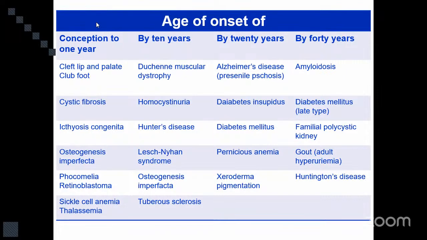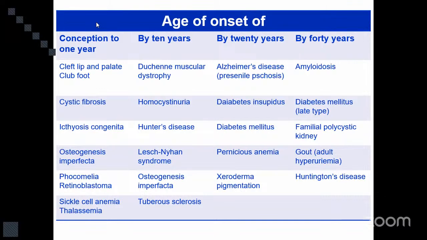So cleft lip, cleft palate, and club foot, you see, will be seen at conception and at birth. From conception to 1 year, you can see it. Cystic fibrosis will also show. Congenital conditions will show. Osteogenesis imperfecta will show. Familial conditions will show. Sickle cell will show.